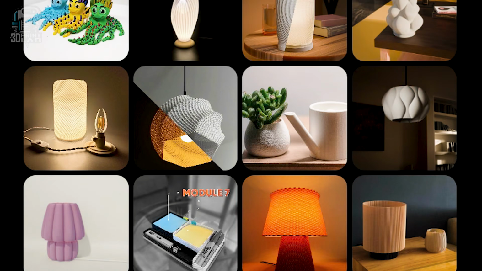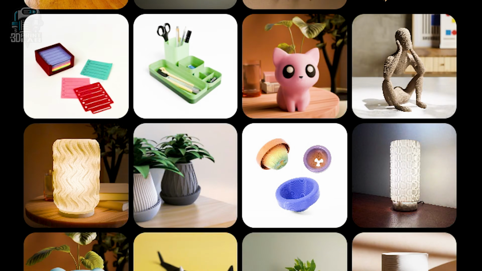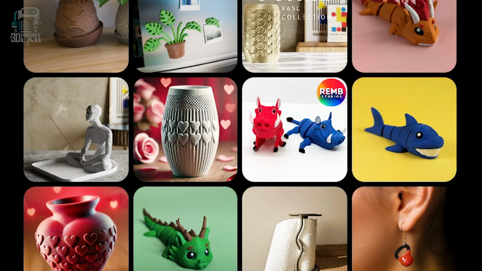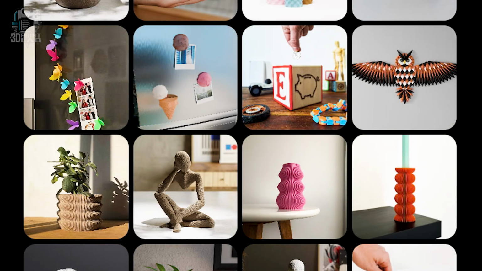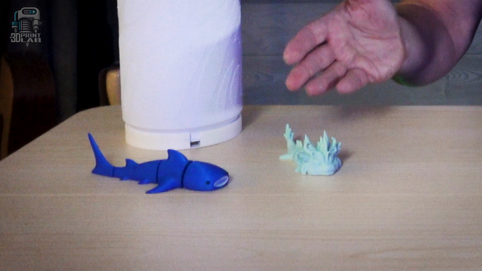They have piggy banks, they have statues, figures, incense holders, coasters, headphone holders. They even have magnet kits. There's jewelry and jewelry holders. There's candle holders. There's all sorts of Christmas things for you. And yes, even articulated stuff like this shark and these dragons. Who saw that coming? I did.